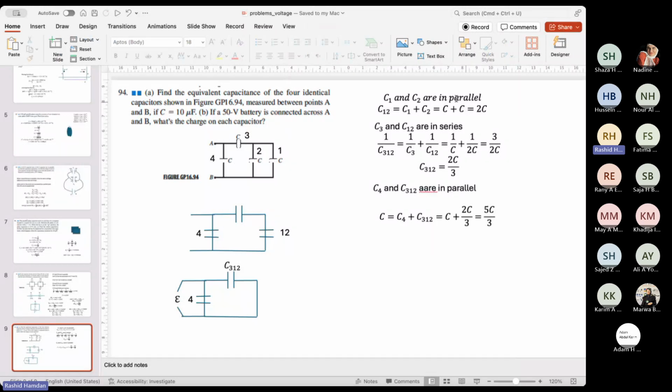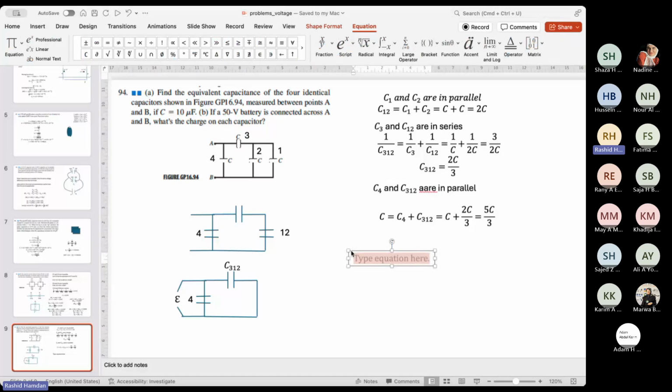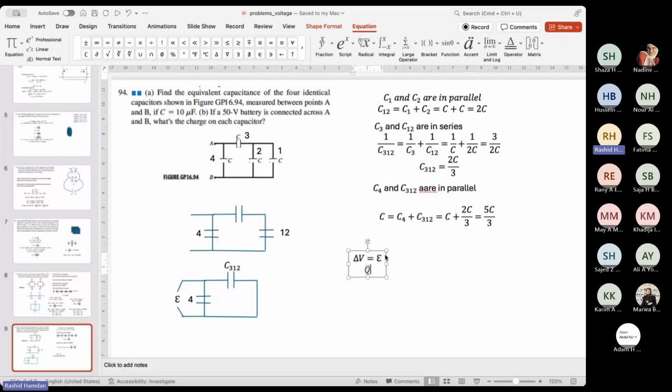Okay. So now I can find the voltage on the equivalent capacitor first. Of course I didn't draw it with the equivalent capacitor but it's the same. C4 and C3, 1, 2 became the equivalent capacitor. So delta V is equal to E, the electromotive force, equal to the 50 volt. So I can find Q on the equivalent capacitor is equal to delta V times C. No, we can't call it C because we have C here.